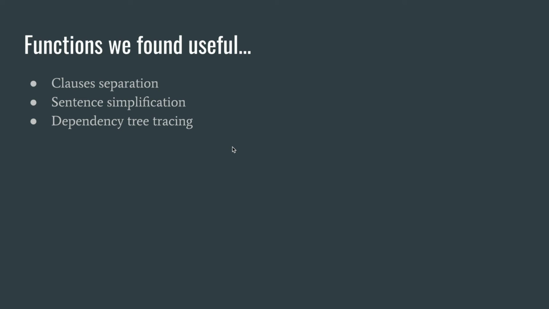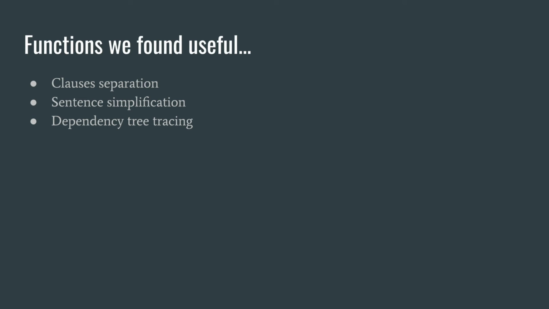During our development process, we wrote several helper functions which turned out to be very helpful. One of them is clause separation. A lot of the sentences in Wikipedia articles are very long, and clause separation can parse a sentence into different parts, each having its own complete grammar structure. This will make the sentence structure more clear and also allow us to effectively locate the answer that we want.